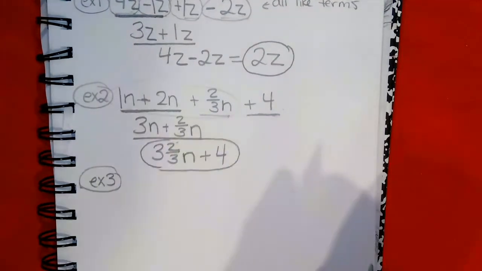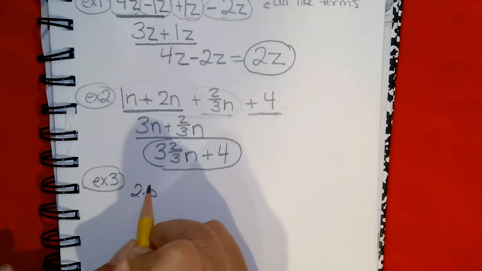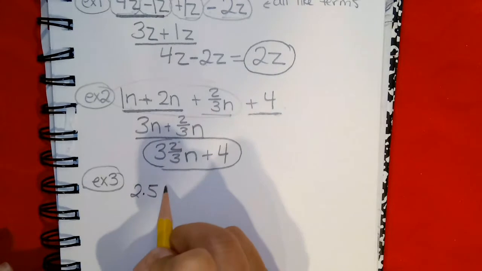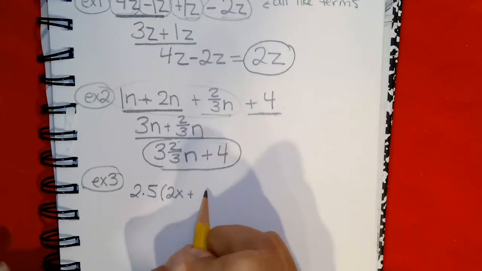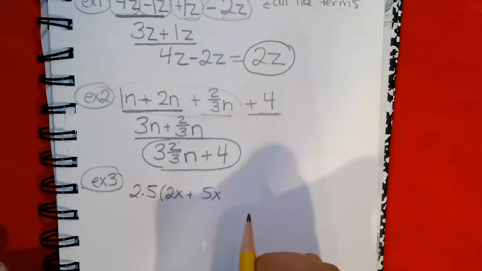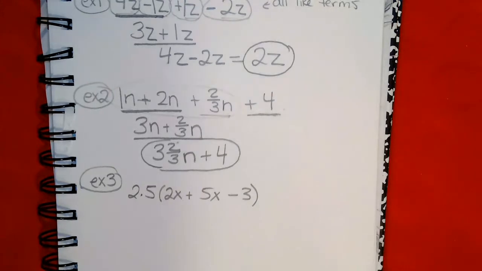Example 3. 2.5 or 2 5/10 times 2x plus 5x minus 3. Okay, here we have a whole number multiplied.